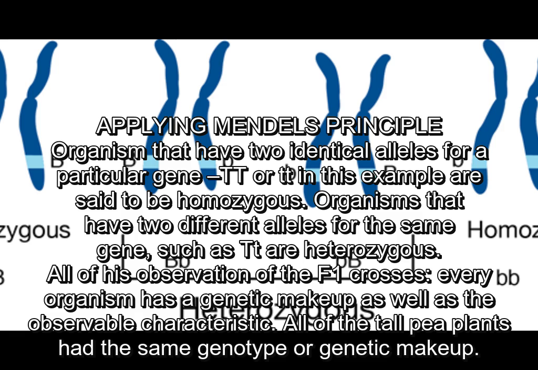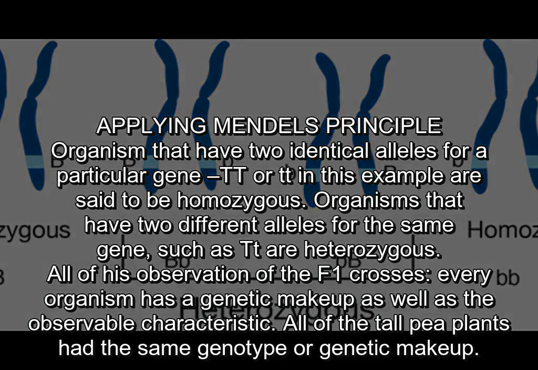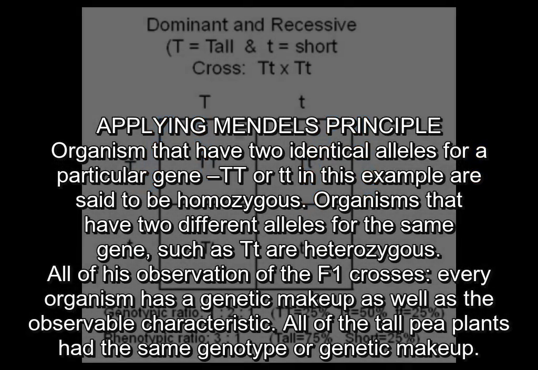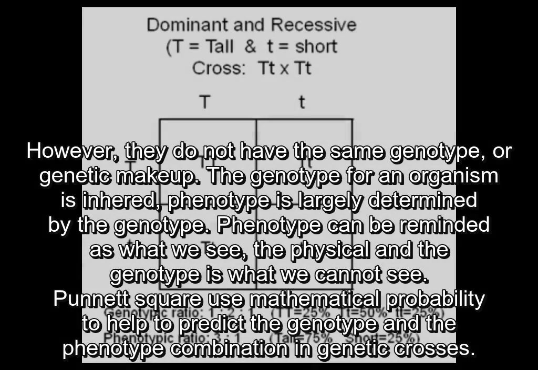Another reason for observing the F1 crosses is that every organism has a genetic makeup as well as an observable characteristic. All of the top pea plants have the same phenotype, or observable characteristic. However, they do not have the same genotype, or genetic makeup.